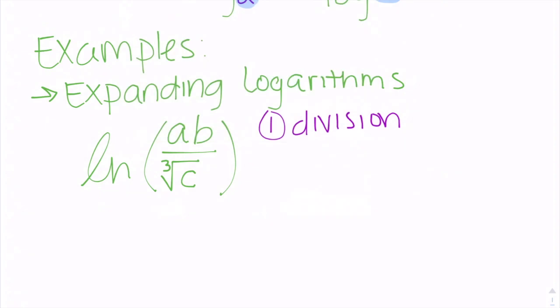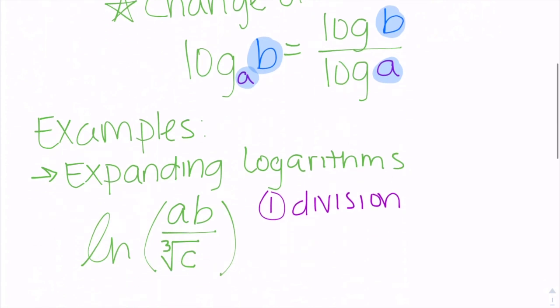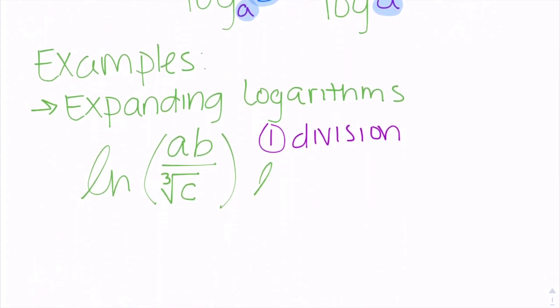And so we're going to separate that using the second rule up here with division, which we separate using subtraction. So we're going to end up with the natural log of A times B minus the natural log of the cubed root of C.